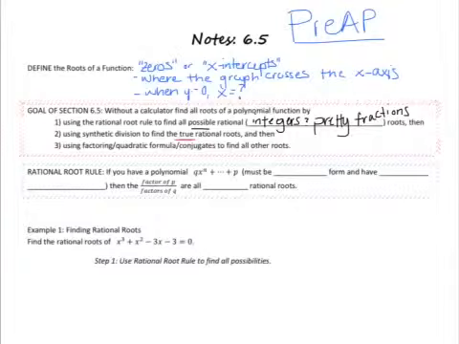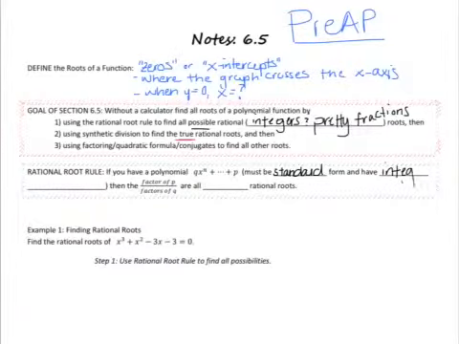Now, the rational root rule, that's what we're starting with, saying you have some polynomial, and the leading coefficient is q, and the constant at the end is p. Alright, so that's just a normal standard form polynomial. So it has to be in standard form, and it has to have integer coefficients.